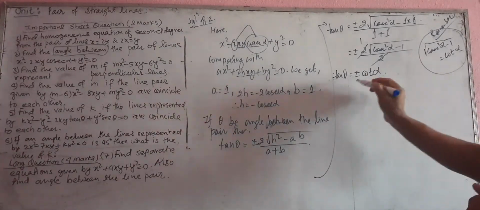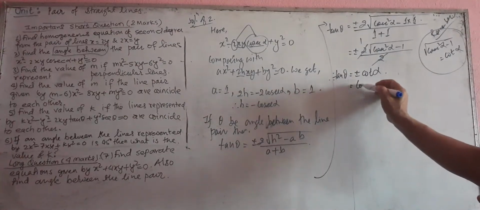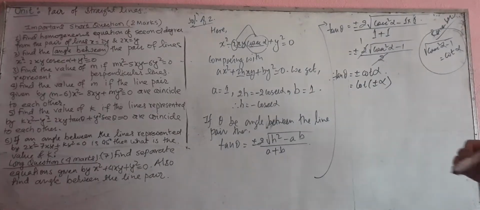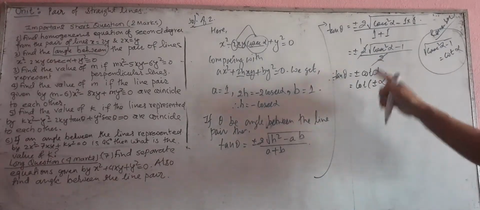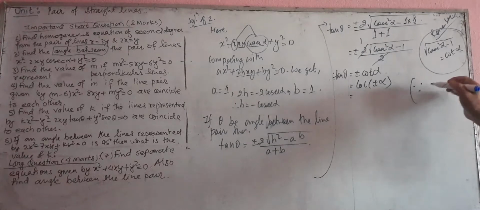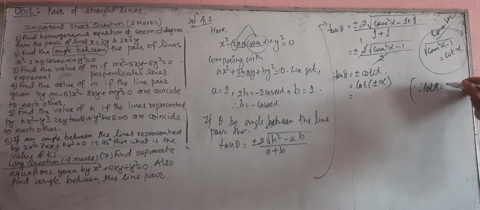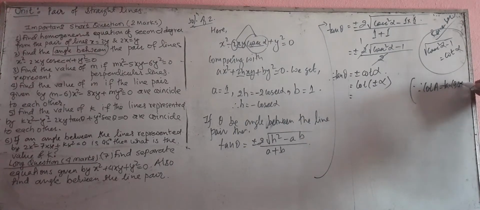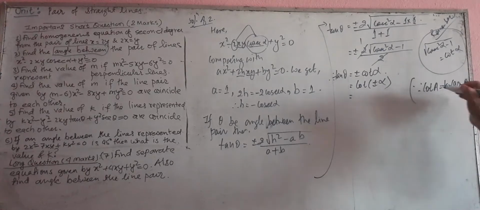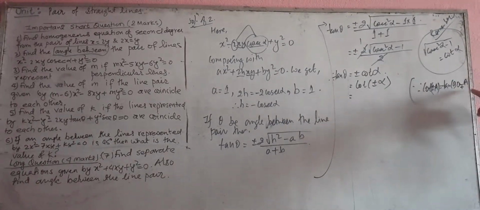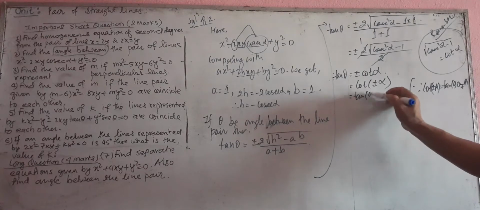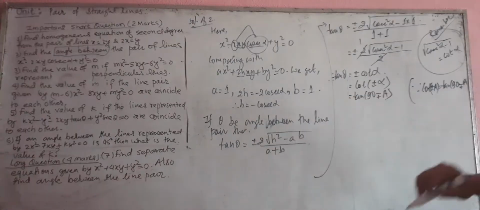Since to get the value of theta we have to convert this cot into tan, by the formula cot A is equal to tan of 90 minus A, or you can write plus minus A, so cot of plus minus A equals tan of 90 minus plus A.